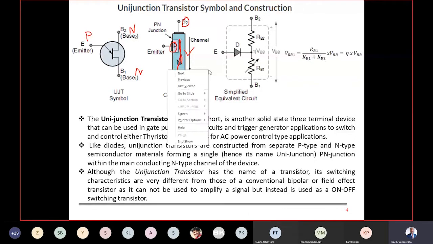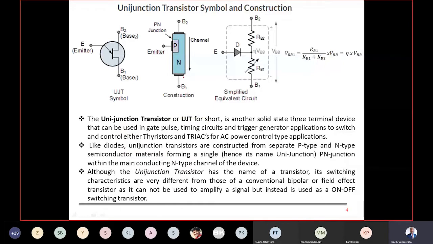Then if you observe here, my P-type emitter is towards base 2 and away from base 1 when you see this particular figure. Between base 2 and the emitter point, we have the resistance called RB2. Between base 1 and emitter, we have RB1.